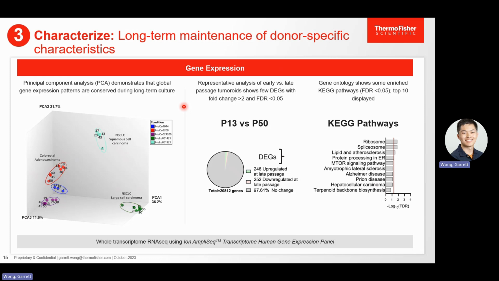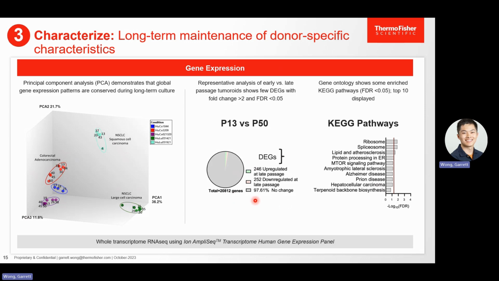And then the panel on the right is another way to look at gene expression over time across multiple passages. This is looking at passage 13 versus passage 50 of one of the colorectal tumoroid lines. You can see that for the differentially expressed genes, there are only about 200 or so upregulated and 200 or so downregulated genes.